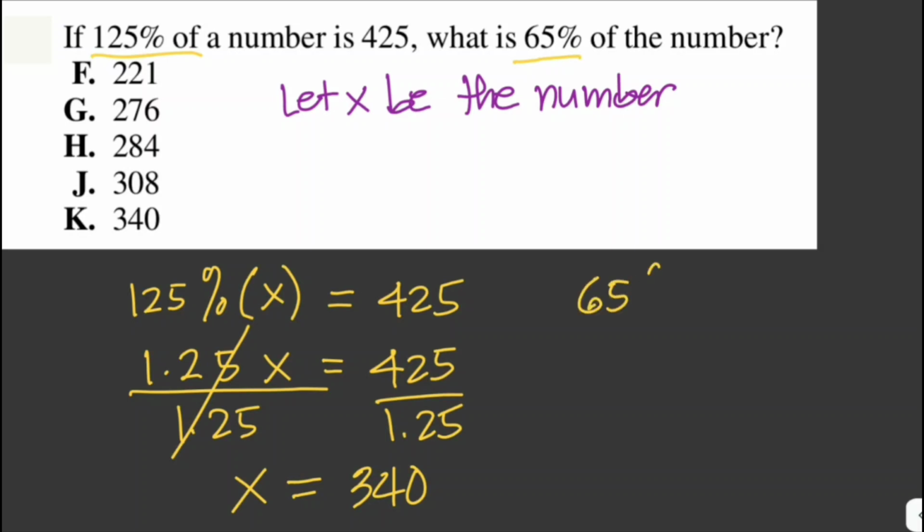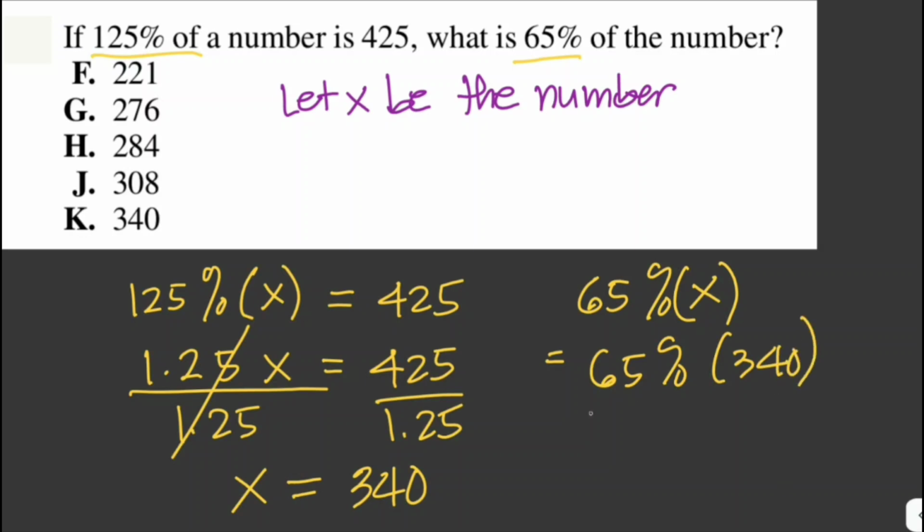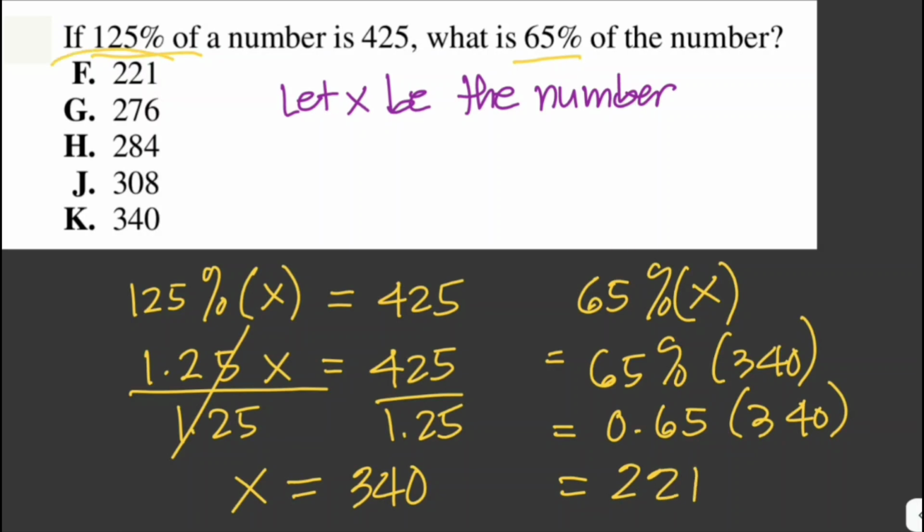So 65% of the number x is just equal to 65% of 340. So this is 0.65 times 340. This is just equal to 221. So the answer here is letter F.